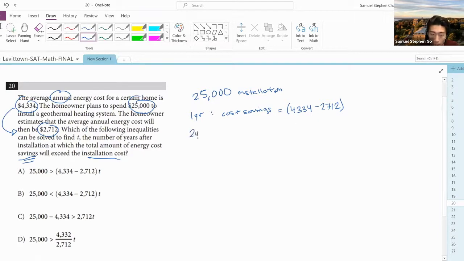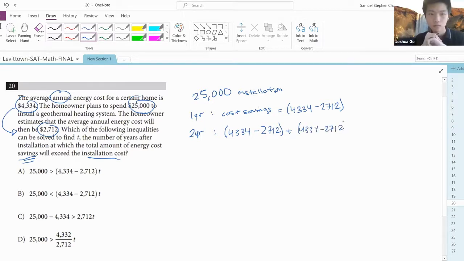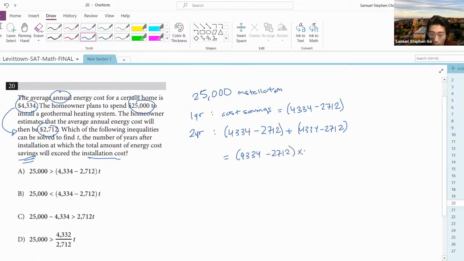What would happen in the second year? The cost savings would be this same number because you saved this in the first year, plus, again, 4,334 minus 2,712. In other words, simply put, 4,334 minus 2,712 times 2, because you saved that much for 2 years now. So if I said T years, how much would you have saved in T years?